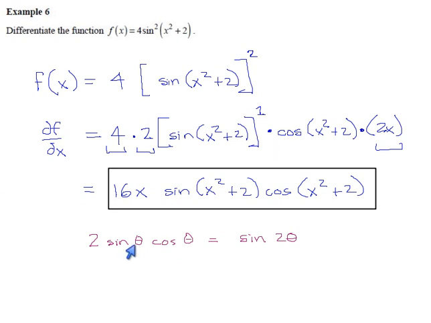So you have to have a sine and a cosine which contain exactly the same argument, which these guys do. You also need a factor of 2 out front. If you do, then you can compact that down and get the sine of an angle twice as big. So for example, if you had 2 sine 30 cosine 30, that ends up being the same as sine 60. Try this out, it really does work.